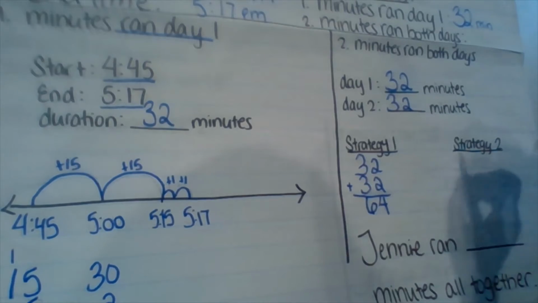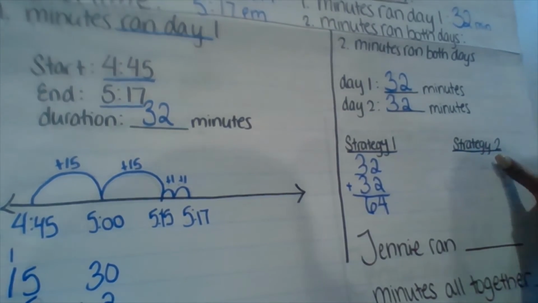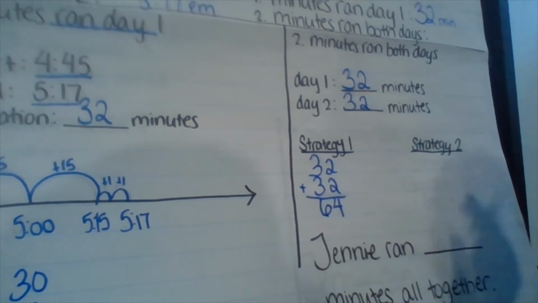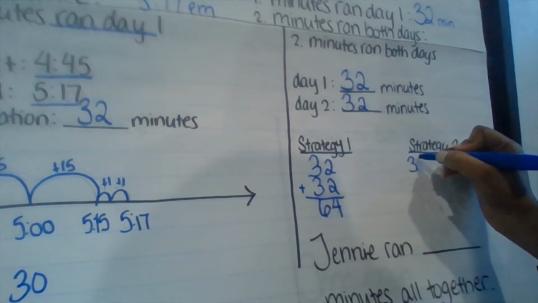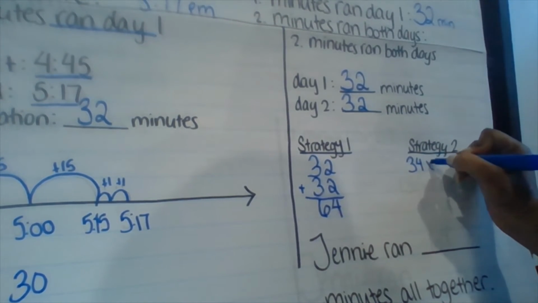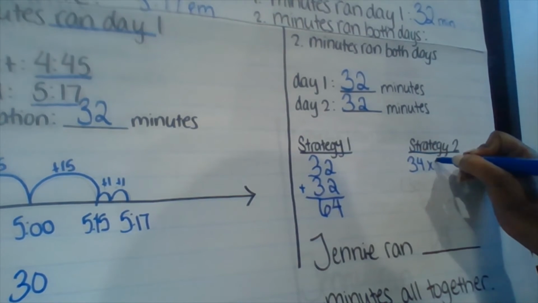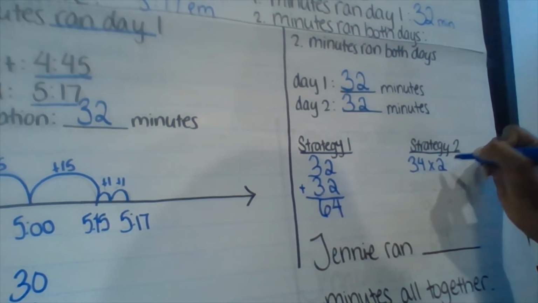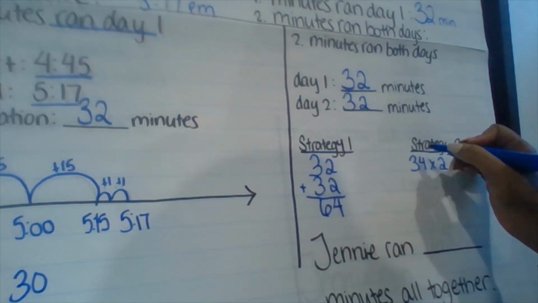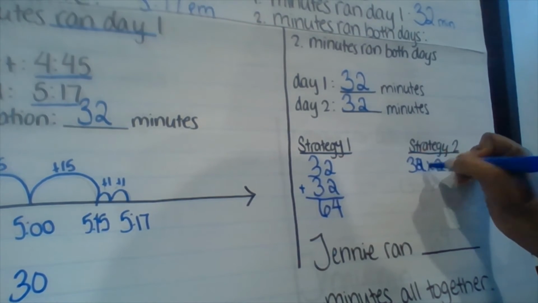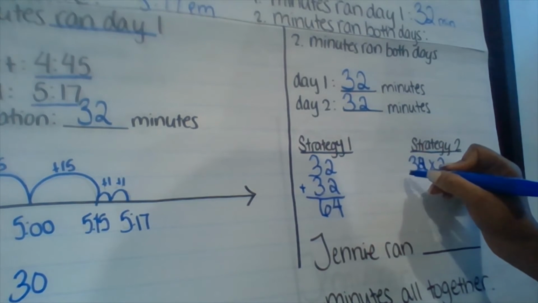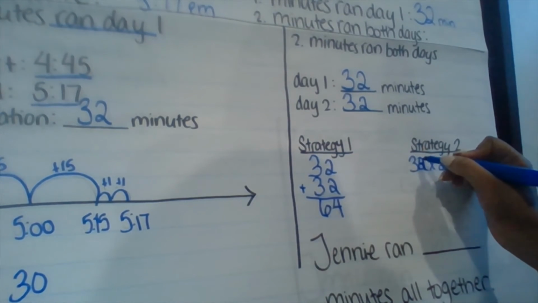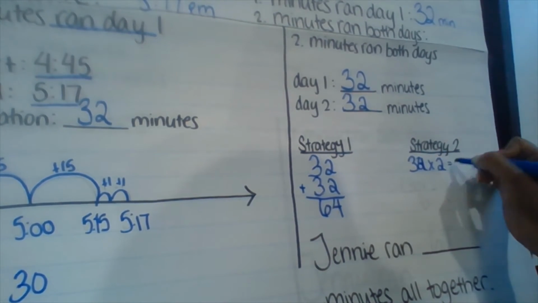Or I can even use multiplication to solve. I know that she ran 32 minutes on day 1 in groups of 2 days. So I can multiply 32 times 2.